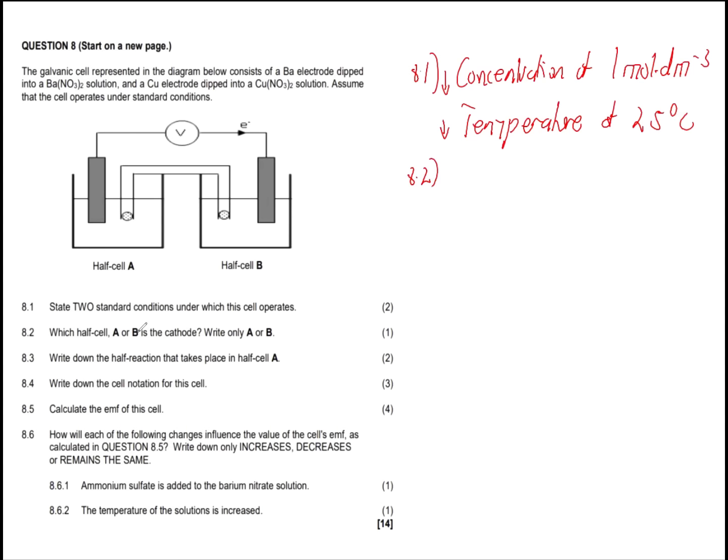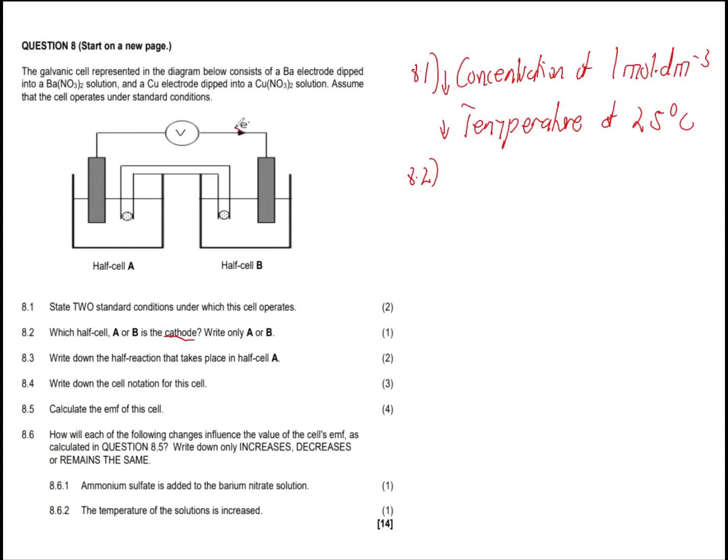8.2, which half cell A or B is the cathode? Write only A or B. Now, obviously here, we should be looking at this based on the what? On the electron flow. So we are given this e minus here and then the arrow here indicating electron flow. Now they're asking which one is the cathode. Now, how are we going to decide on this one? We know that electron flow is always from the anode to the cathode.